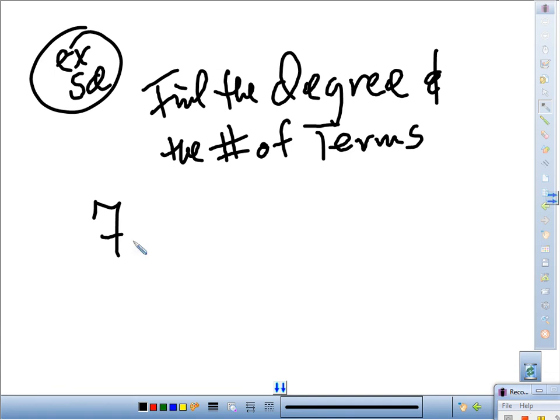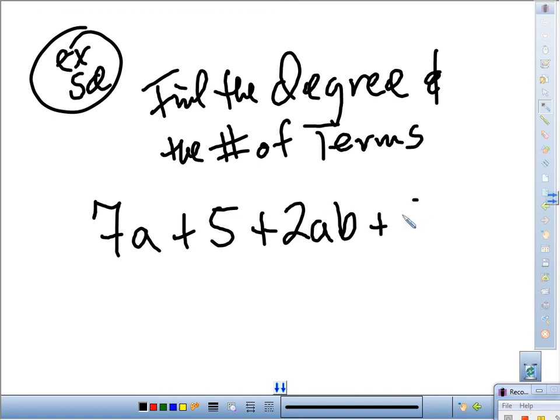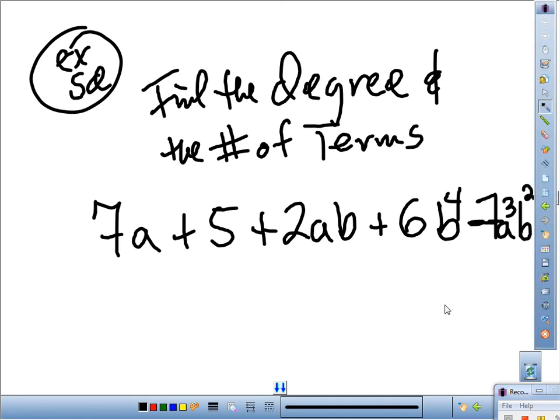Let's do 7a plus 5 plus 2ab plus 6b to the 4th minus 7a cubed b squared. Find the degree and the number of terms.